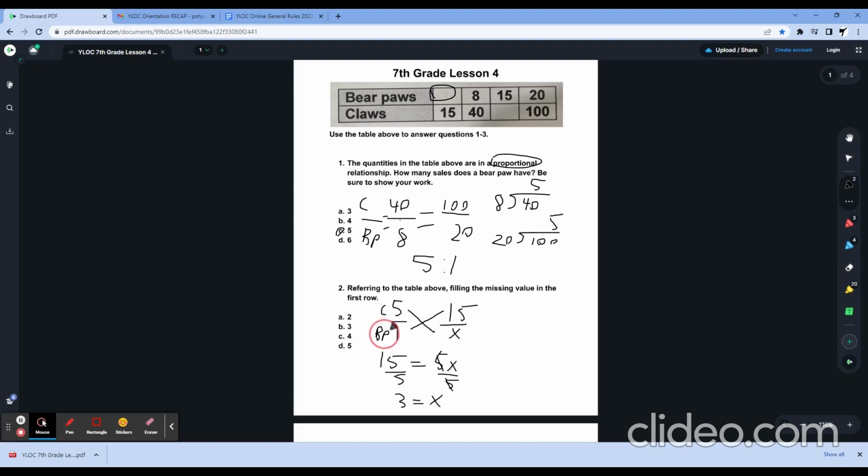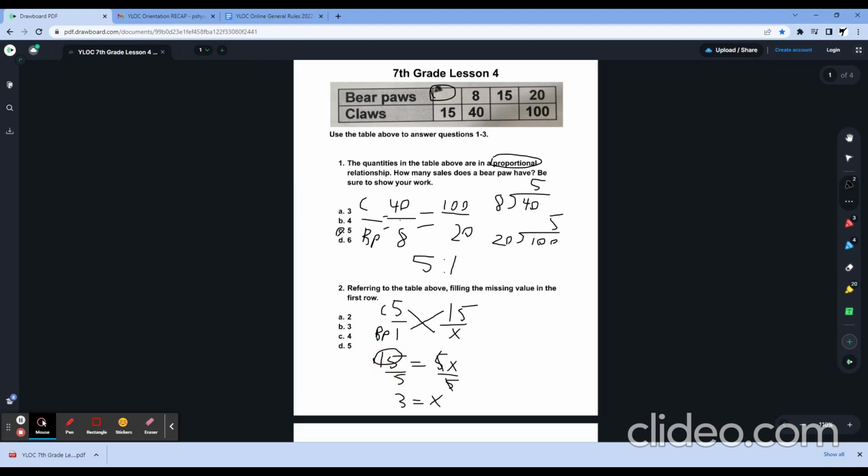I'm representing this as a fraction, and we have 15 claws as a numerator here. We will denote bear paws as x, as we do not have that value yet. Using the method of cross multiplication, 5 times x is equal to 5x, and 1 times 15 equals 15.